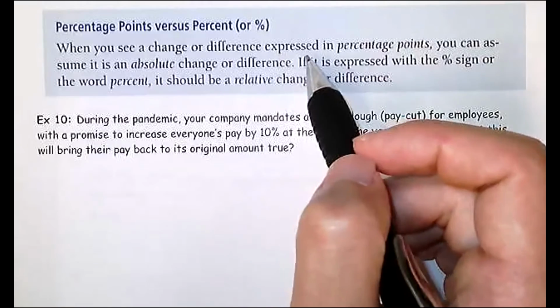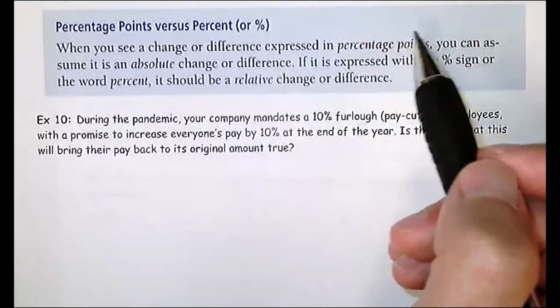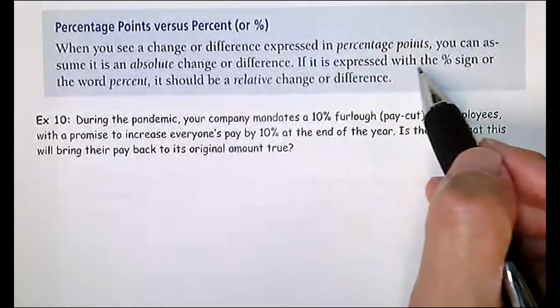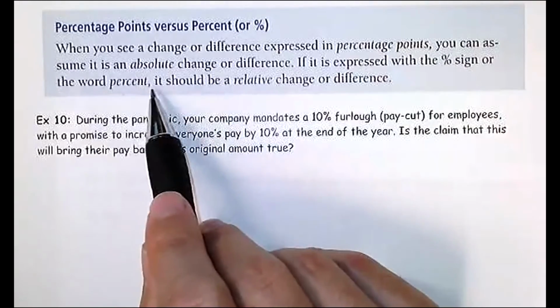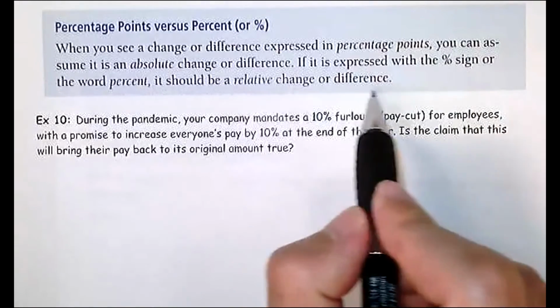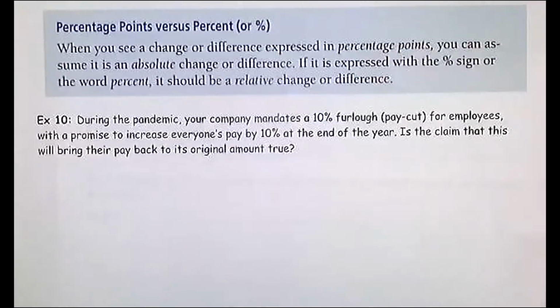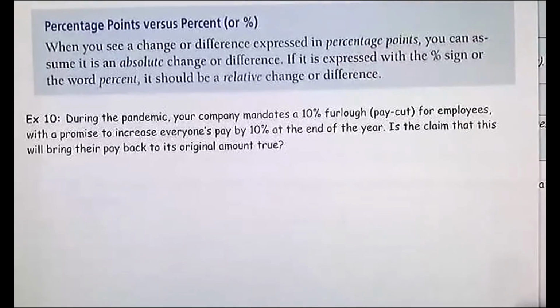What is that? Still a bit confusing. If it is expressed with a percentage sign or the word percent, it should be a relative change or difference. What is he talking about?